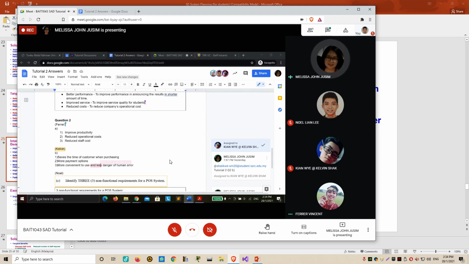Improve productivity means you can get lesser staff to do that particular work in a period of time. So you can combine 1 and 3. Even though the number of staff is reduced, the work done is still done efficiently.